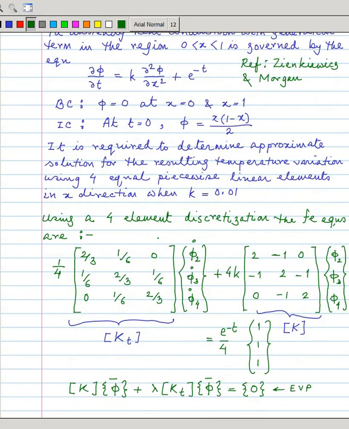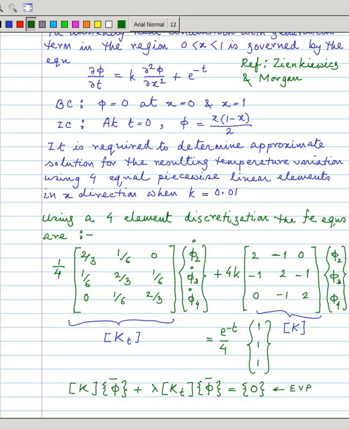So the first and last rows and columns get deleted because phi 1 equal to 0 and phi 5 equal to 0. We have discretized the domain using 4 elements, so there are 5 nodes, 1, 2, first element between 1 and 2, second element between 2 and 3, third element between 3 and 4, and fourth element between 4 and 5.